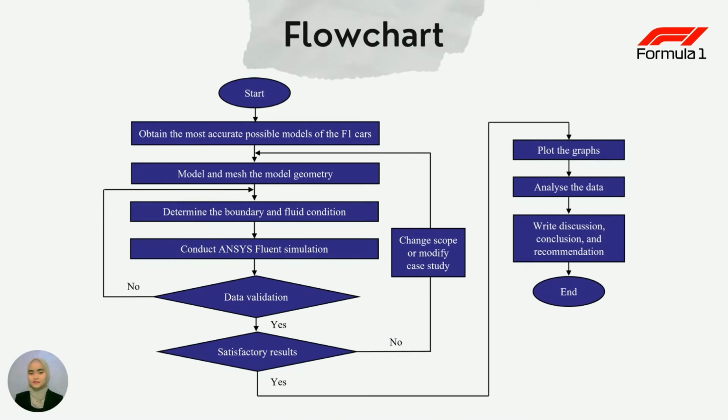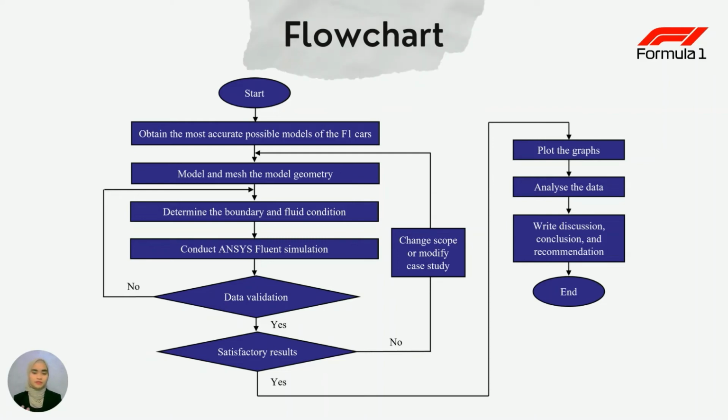The next one is the flowchart of the project. We are going to go a little bit into detail about the processes. At the start of the process, we will first obtain and draw the most accurate and FIA-compliant model of the F1 cars. Then we will model and mesh the geometry in the ANSYS modeler. Afterwards, we determine the boundary and fluid conditions.